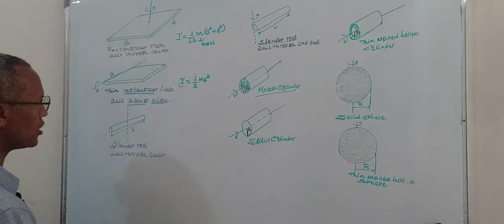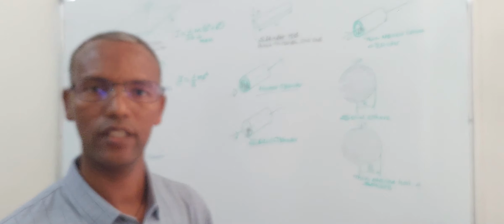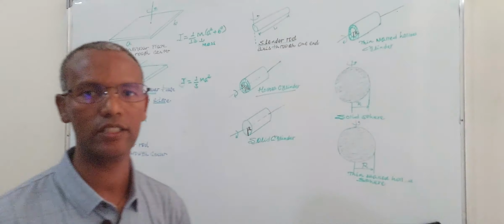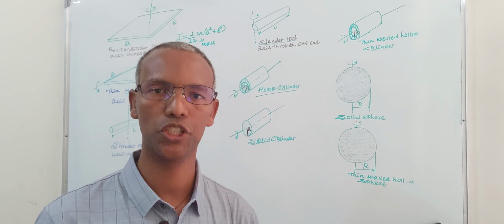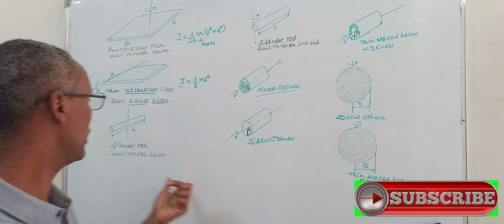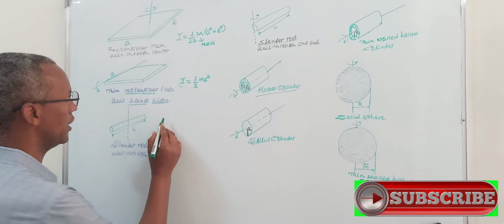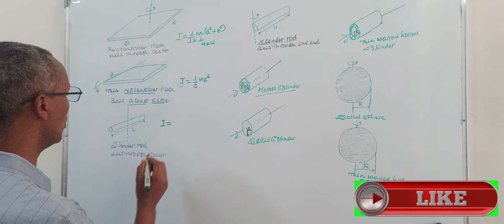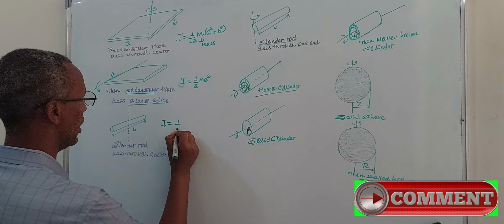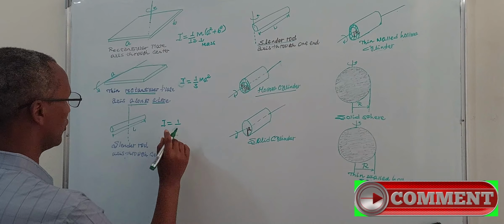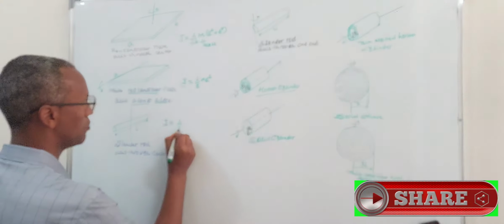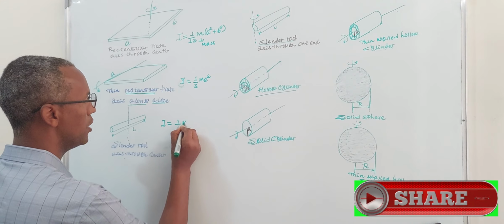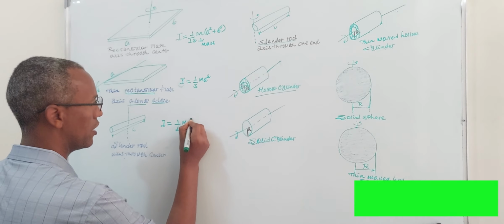Now let's proceed with a cylinder rod. A cylinder rod looks like this. If the axis of rotation is passing through the center of this cylinder rod, you can find the moment of inertia using I equals 1 upon 12 m L square.